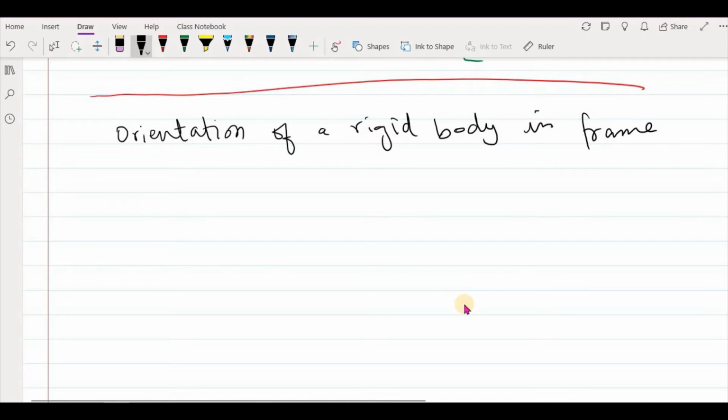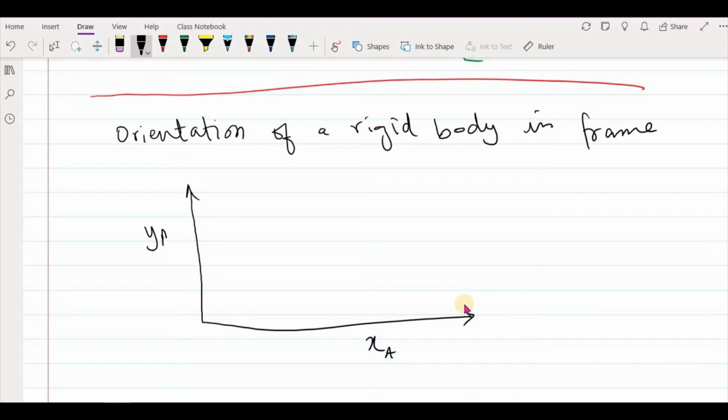So let us assume a 2D frame with x coordinate and y coordinate, and name this frame as frame A. Here we have a rigid body, call it like this. So we want to define the orientation of this rigid body in frame A.